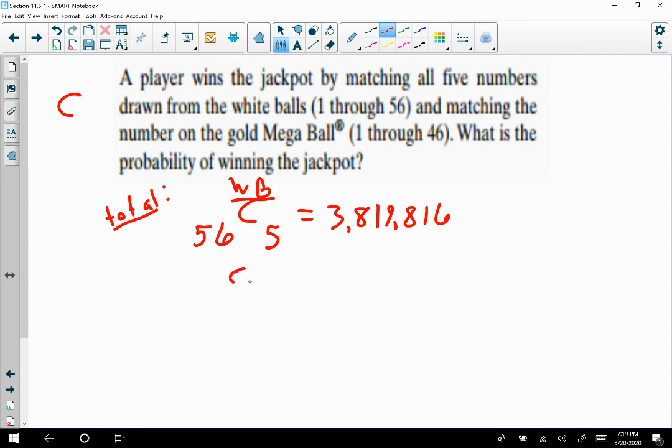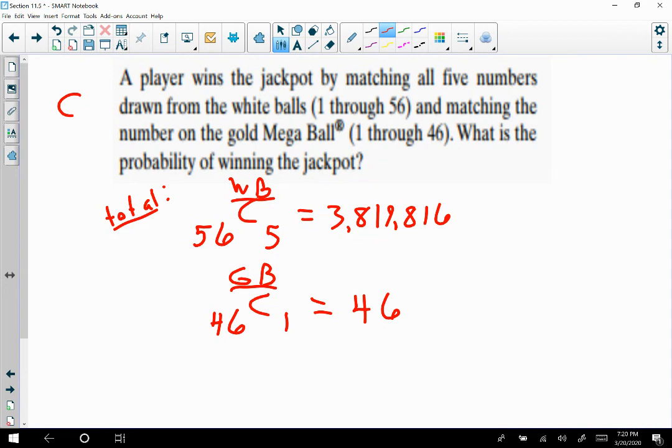Now the gold balls. There's only 46 numbers, and we're choosing just 1. If you remember from previous examples, 46 choose 1 is just going to be the total number. How many ways can you choose 1 number from 46? There's 46 ways. You just pick one of those numbers. If you go to your calculator and verify that, you'll see that's true.